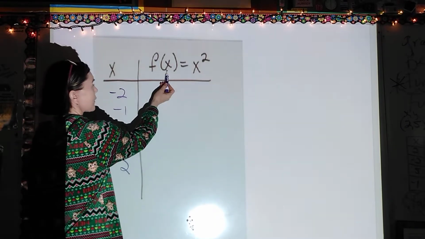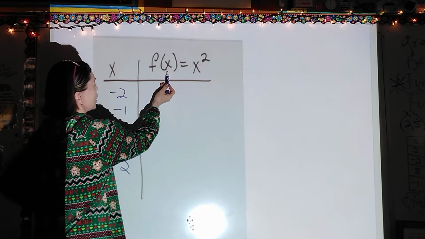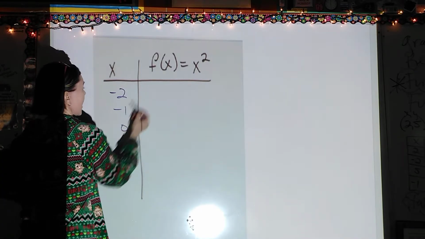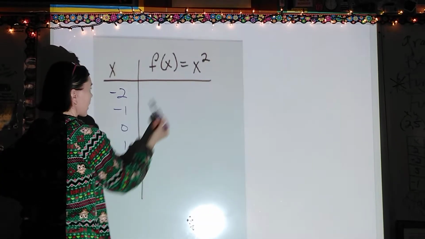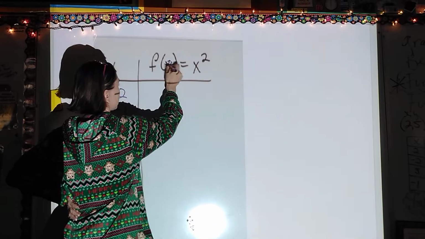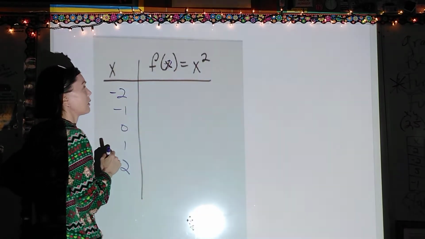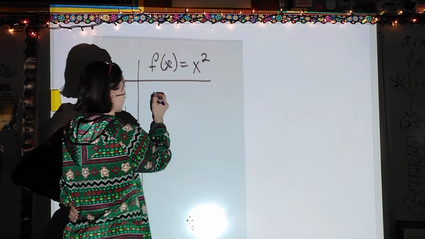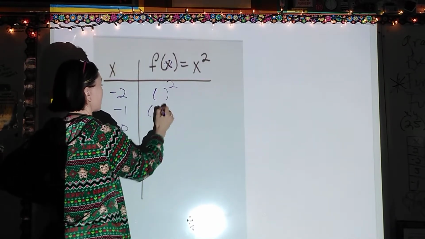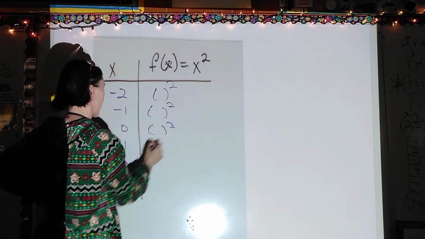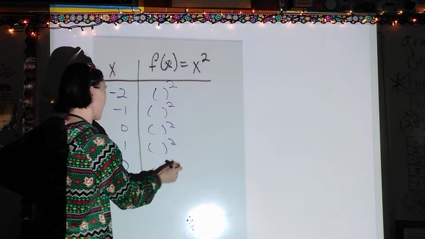So the function of x is, you're going to replace each of these x values in. What would f of -2 be, right? Well, you put the -2 in here, so we're going to write squared, empty squared, empty squared, empty squared, right?